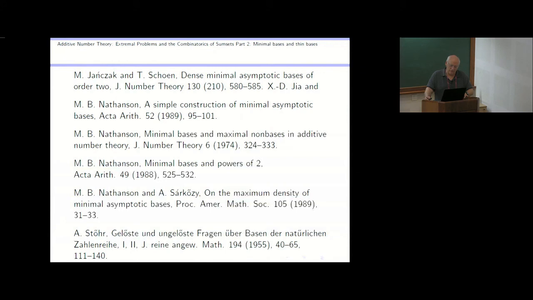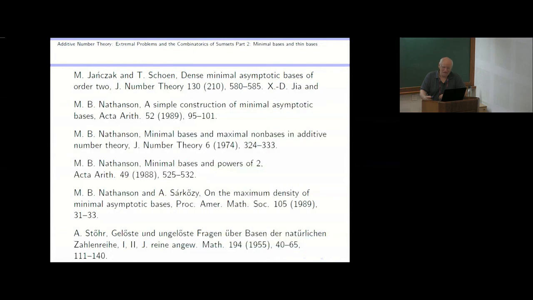When I was a graduate student, I didn't know the paper existed and I hadn't read it. So I came up with this idea of minimal bases because I wanted to deal with the Erdős-Turán Conjecture. And I sent off my little paper to a journal, and they sent it back and said, but you didn't discover this concept. It was actually defined by Stöhr. So, of course, I looked up his paper and learned some German.